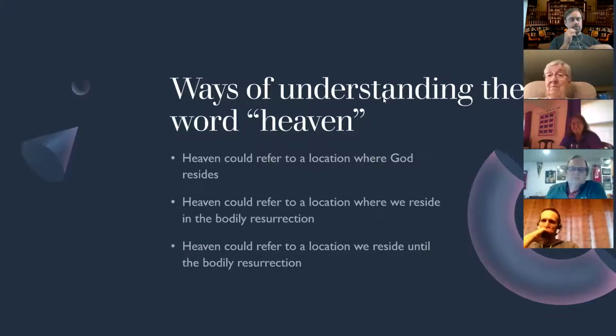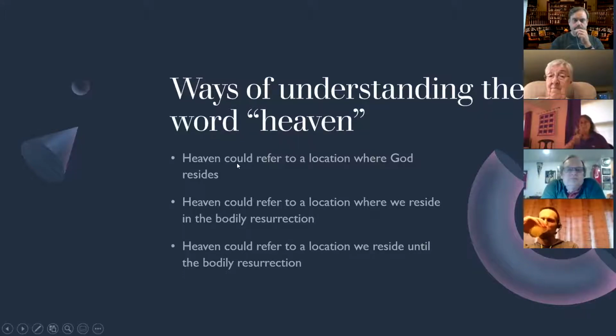So we'll talk about, the Lord will make his kingdom come, his will be done on earth as it is in heaven. So heaven comes to earth. We are all bodily resurrected. We hear that over and over in the Bible, and it's in the creeds, right? We believe in the bodily resurrection.